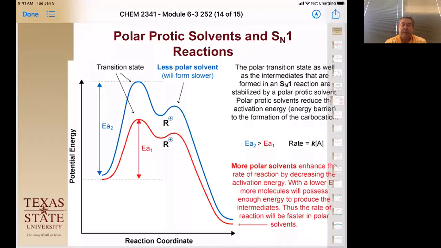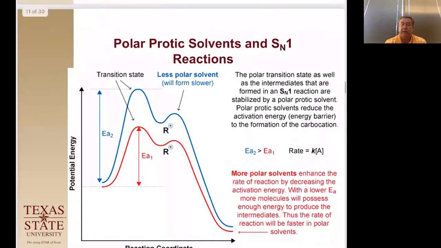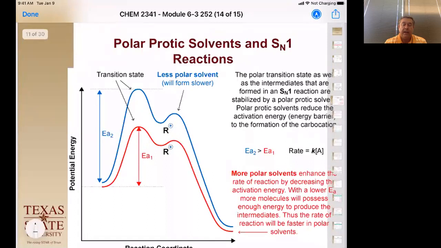So for example, if we did our reaction in something like methanol, we can partially start tugging on the leaving group beforehand, and that gives us a lower activation energy. Now, if we did that same reaction in acetone, which is less polar, it's going to form a lot slower and take a lot more energy to hit that transition state. So we're going to see it being faster in polar protic solvents in forming that carbocation.